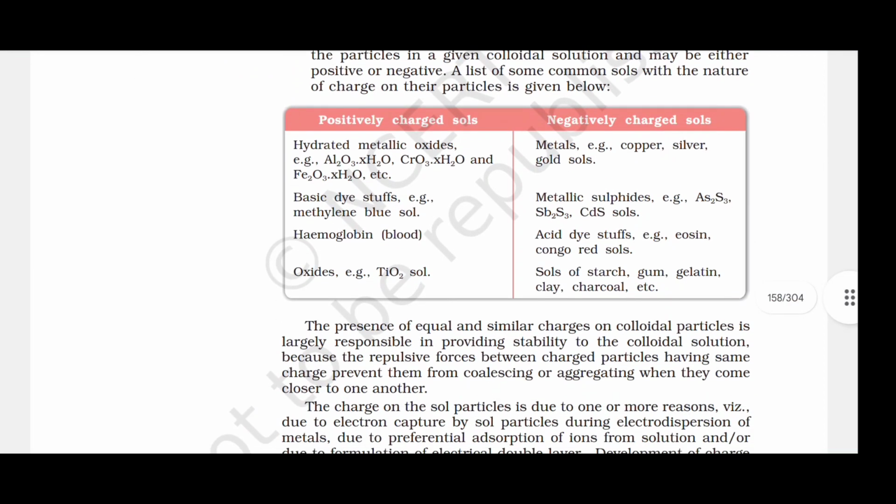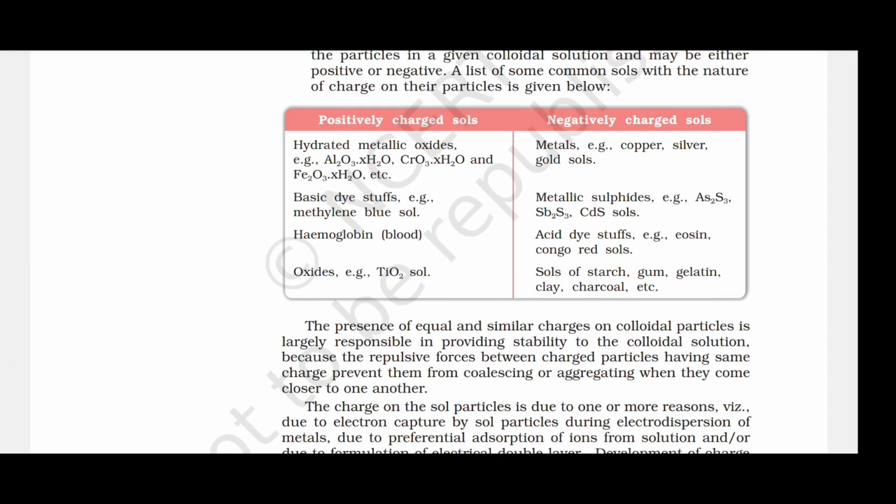So here you can see positively charged sols, that is hydrated metallic oxides, basic dyestuffs, methylene blue, hemoglobin oxides. Whereas negatively charged sols are metals, copper, silver, metallic sulfides, acidic dyestuffs, Congo red sols, for example, sols of starch, gum, gelatin, clay, charcoal, etc.